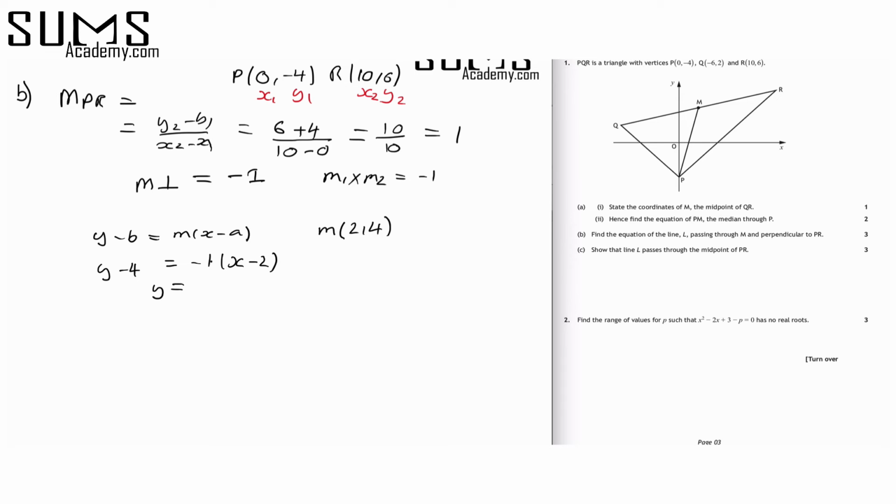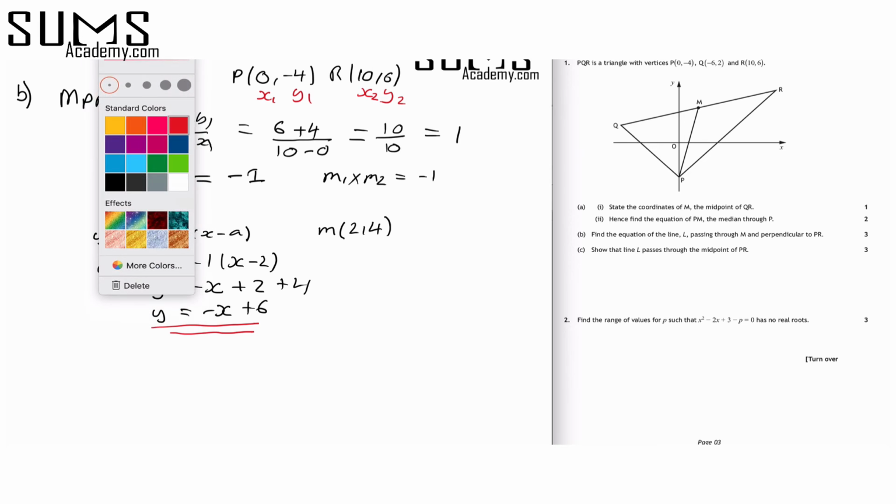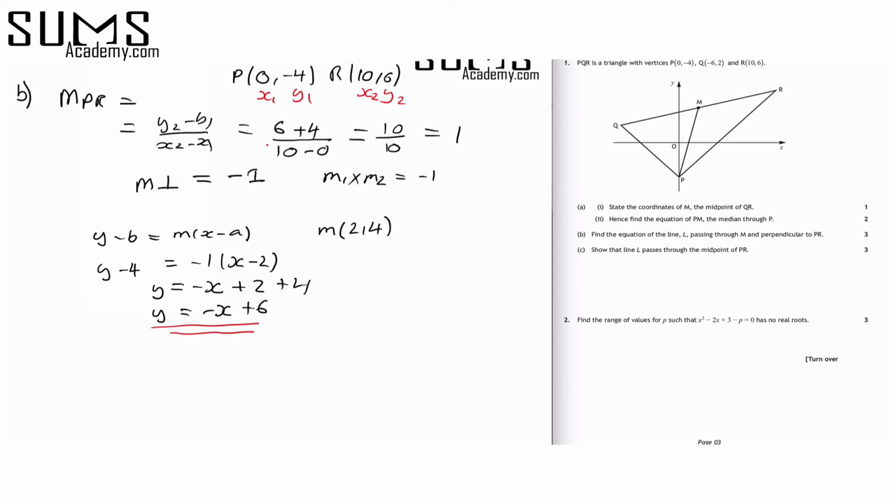So y equals minus x plus 2, because it's -1 times -2, plus 4. So y equals minus x plus 6. That should be the answer there. You get 1 mark for calculating the gradient, 1 for the perpendicular, then 1 for the correct expression.